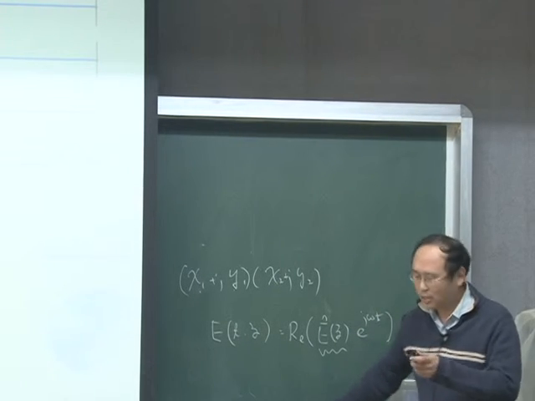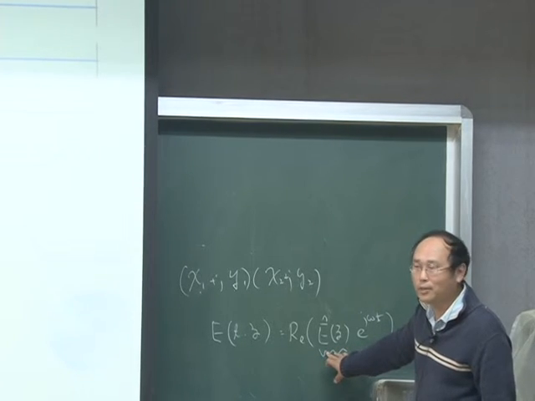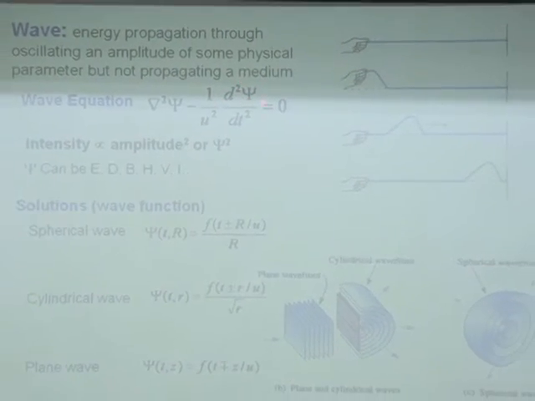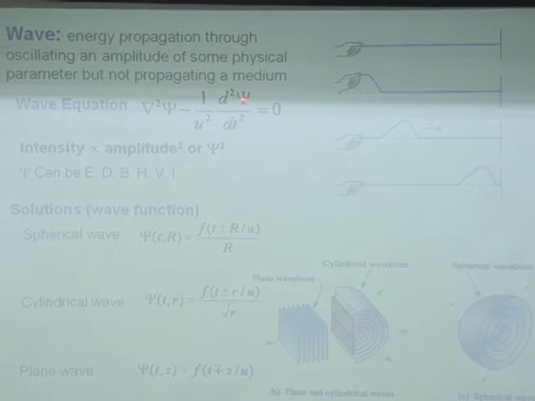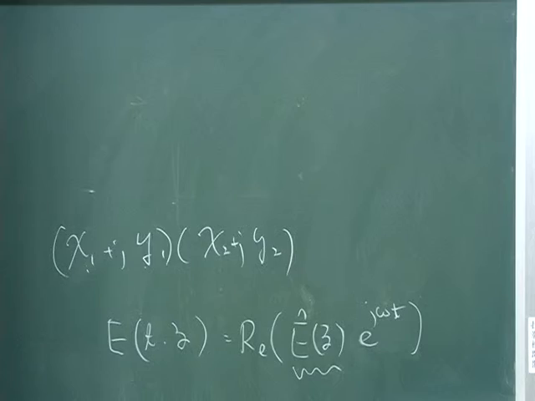But somehow, if you just want to keep this term, you have to solve the problem that you do have some calculation that require you to do differentiation of the amplitude with respect to time. Okay, so let's take a look at how to deal with this kind of situation.